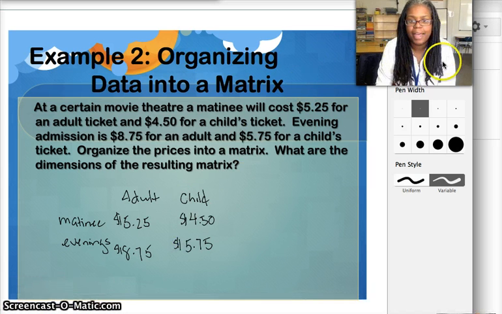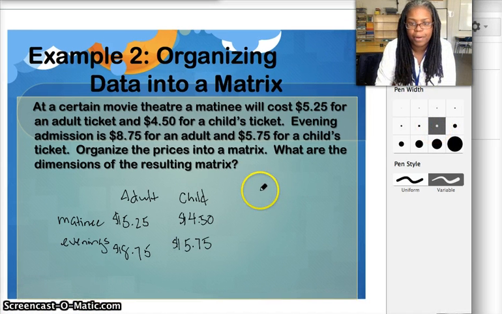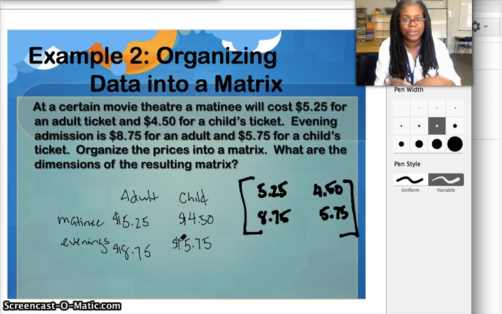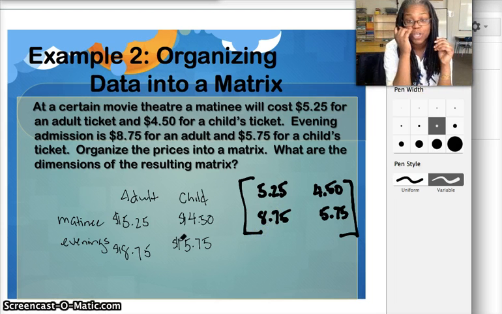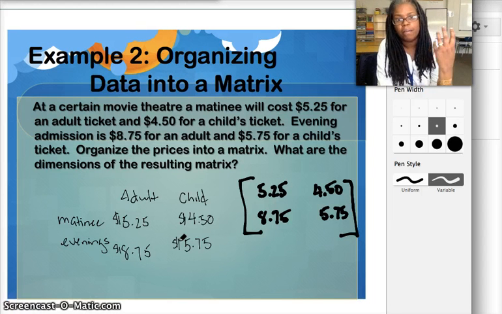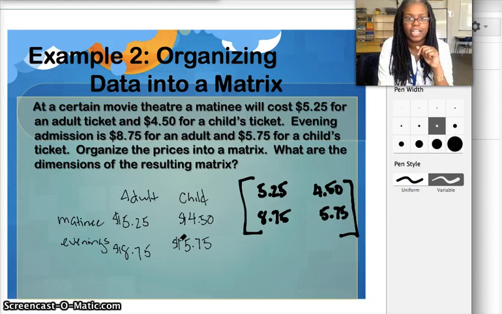So what we end up having is $5.25, $4.50, $8.75, and $5.75. These create an organized rectangular array of numbers, which is our matrix. This matrix represents the situation, and look how we took it right from the actual table.